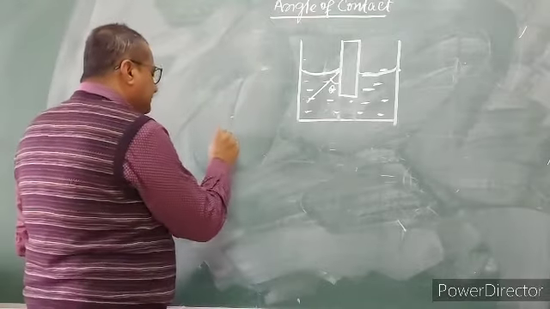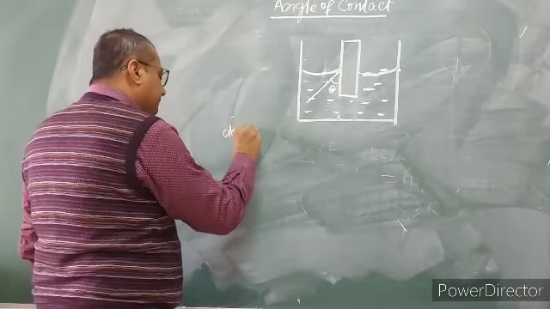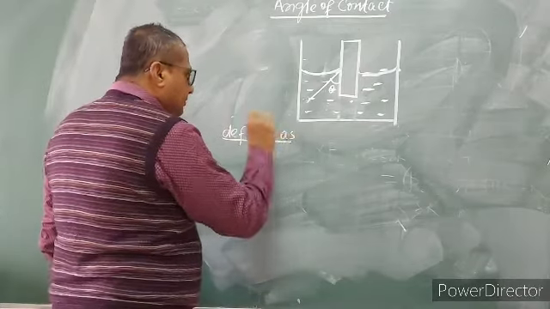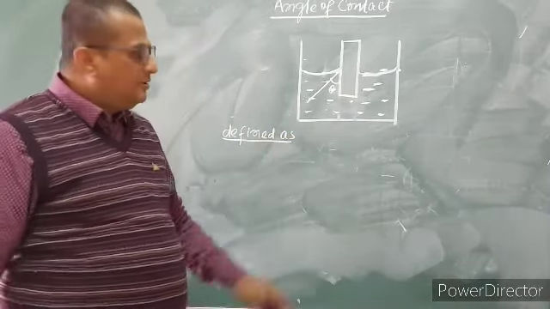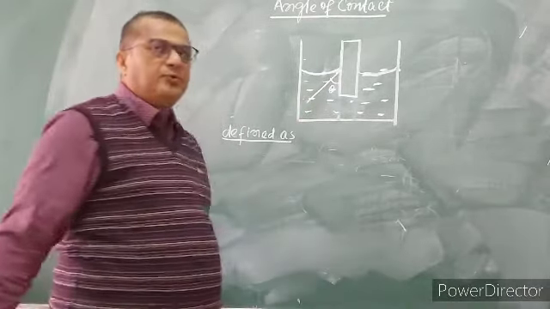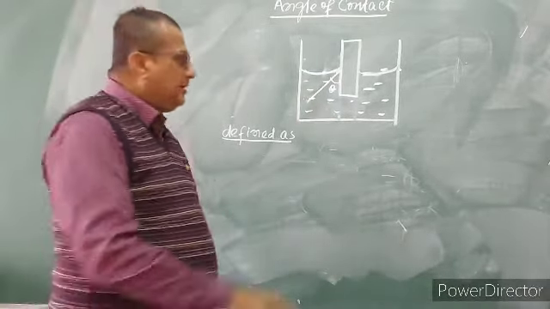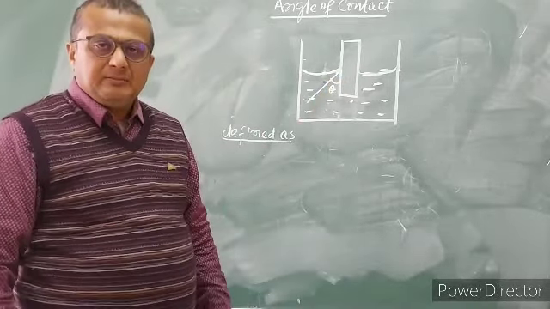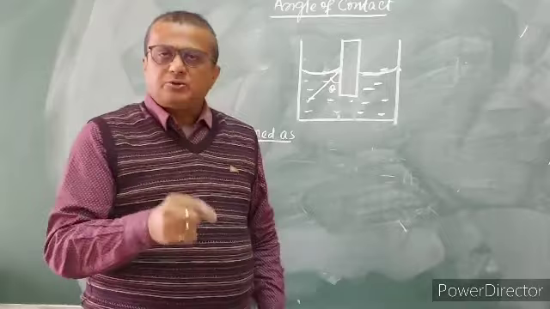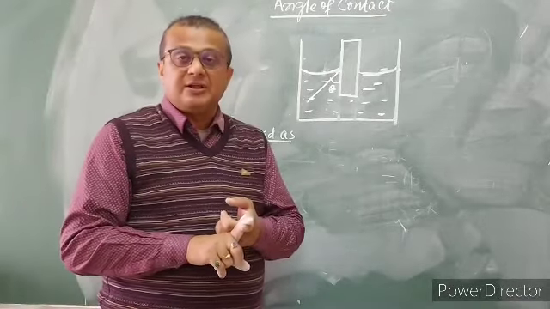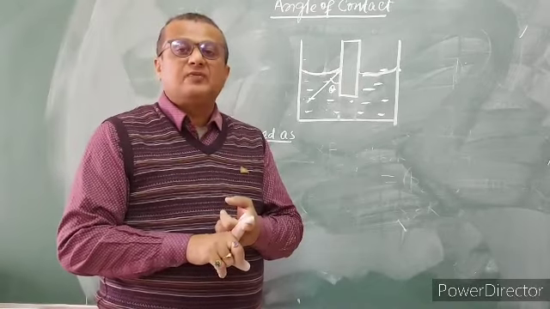So defined as, one question also arises: why does it happen? Inside the liquid there is a force of cohesion. Inside the solid also there is a force of cohesion. But when the molecules of solid and liquid mix together, there is a force of adhesion.